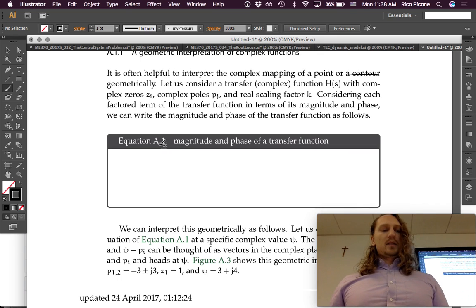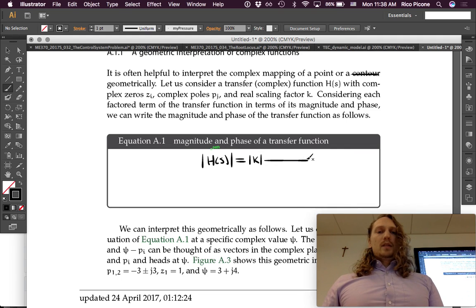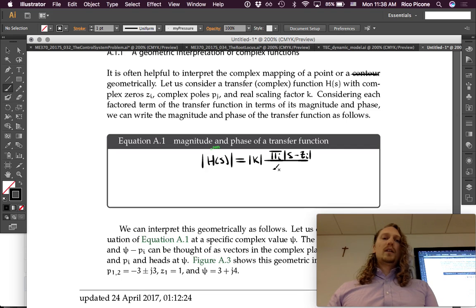So the magnitude of h of s is equal to the magnitude of k, the scaling factor or gain factor, times the ratio of the product over all of the zeros of the magnitudes of s minus zi, so s minus each zero, divided by the product over j of s minus each of the poles.